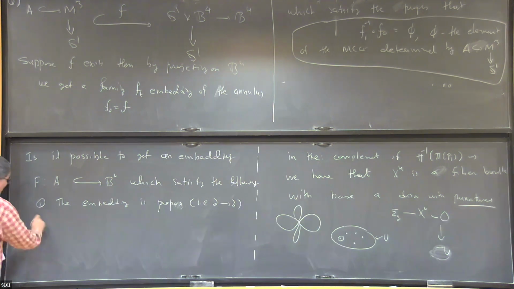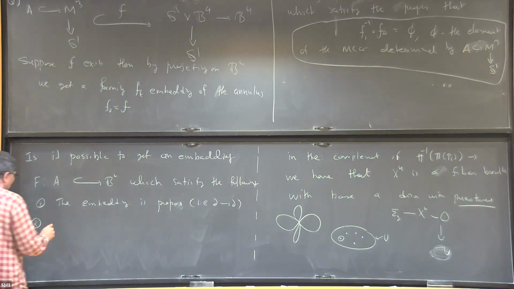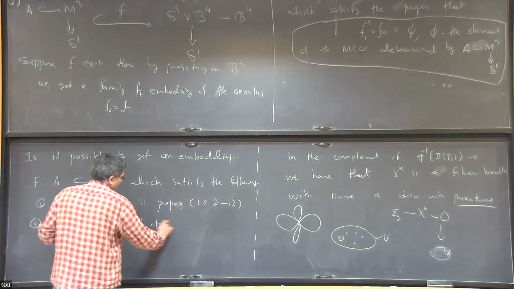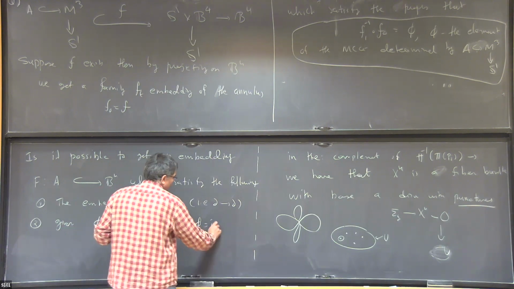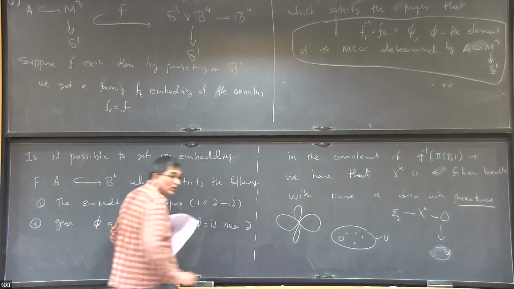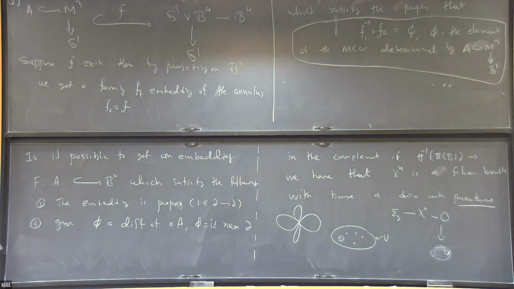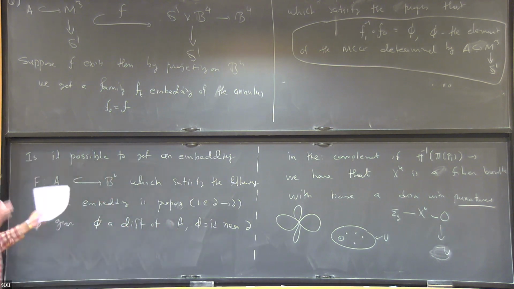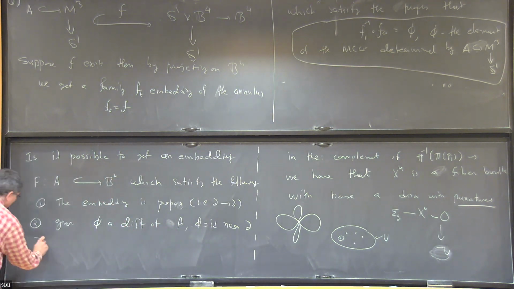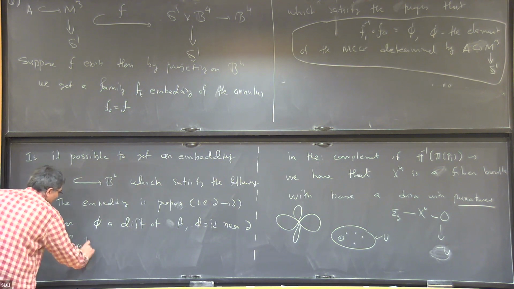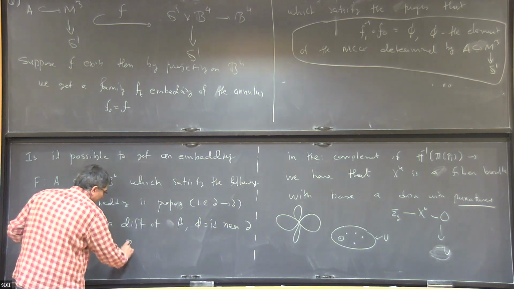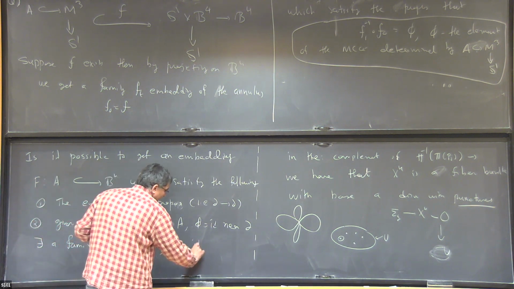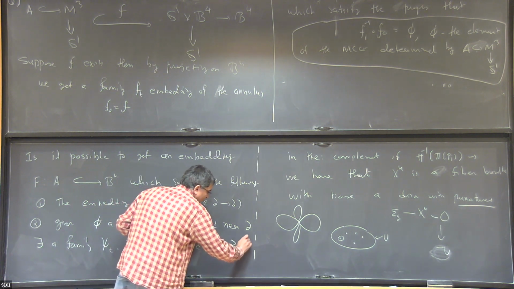And the second, which is the most important, is that given phi, a diffeomorphism of A, phi equal to identity near the boundary, given the diffeomorphism phi of this annulus, which is identity near its boundary, there exists a family psi t of maps from B4 to B4, psi of t equal to identity near the boundary of B4.